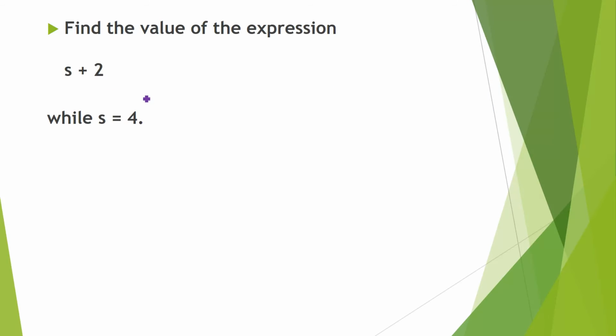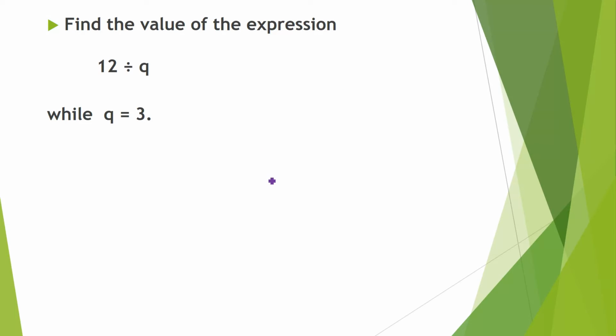You have to find the value of the expression, and this is s plus 2. So the value of s is 4. So wherever you will see s in the expression, you have to plug 4. So s plus 2 means 4 plus 2, which is equal to 6. So simple, and this is the answer.